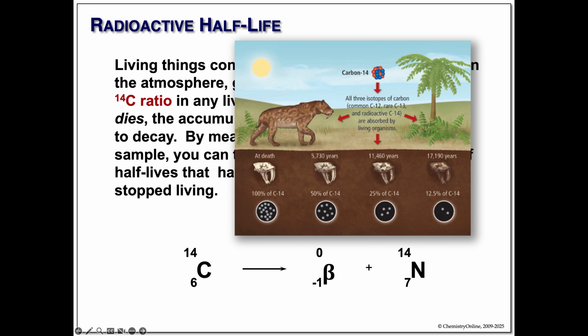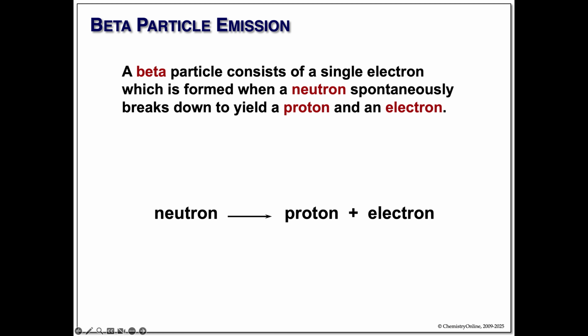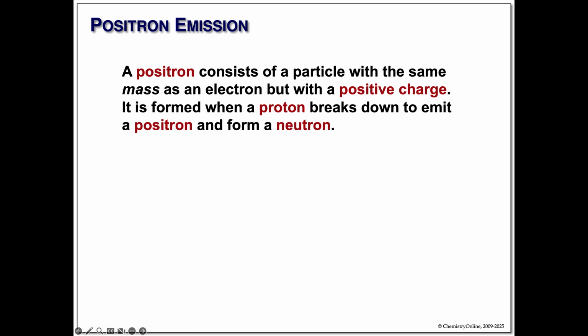All right, well, you think that the beta particle coming from a neutron was strange, and it is. Neutron breaking apart to give a proton and an electron. There's one that's even stranger, and that gives us what we call a positron. In a positron, a proton gets tired of being positive, spits out its positive charge, and it forms a neutron.